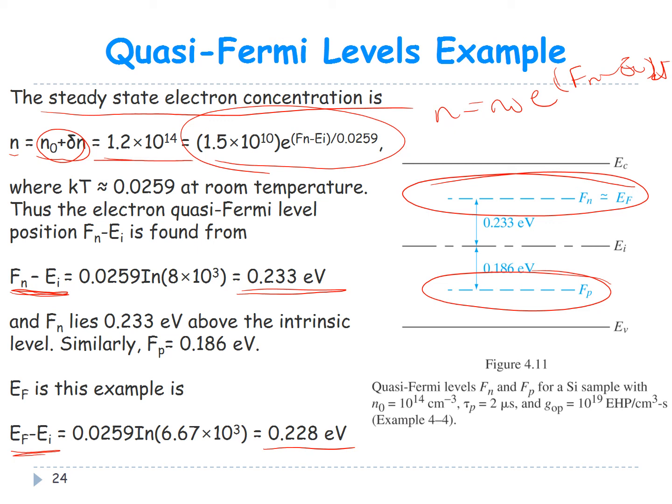So you'll find that the gap, Fn minus Fp, gives you a measure of the excess electrons that you have in the sample.